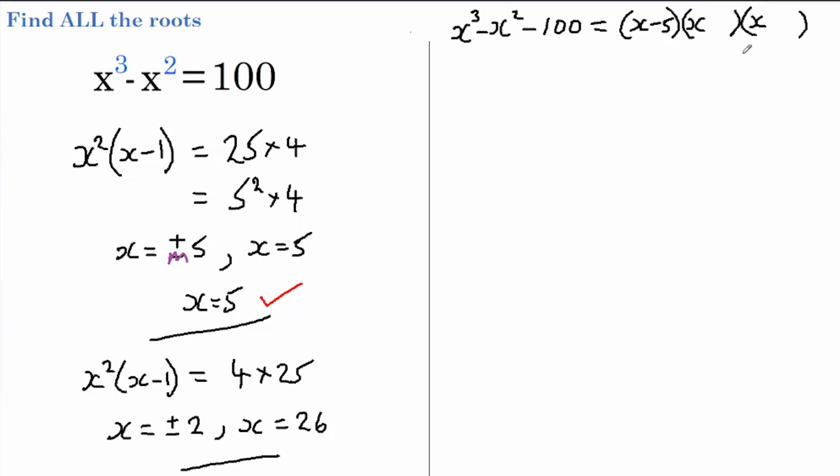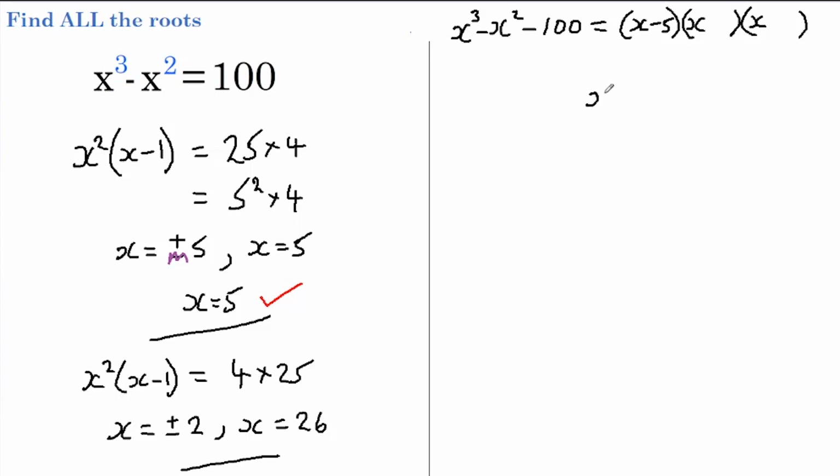And what could those roots be? Well, we know that these two need to multiply to 20, so that when we multiply it by 5 we get 100. And it's worth having a quick look just to see if anything is obvious. But I can't see anything here. So it looks like we're going to have to break down this part of the equation even further.